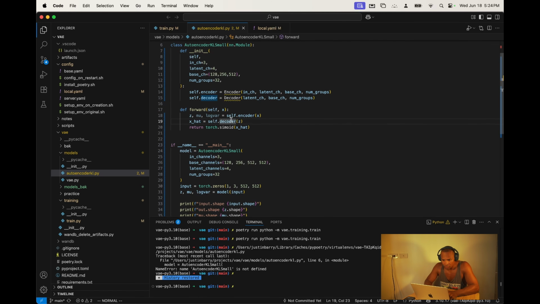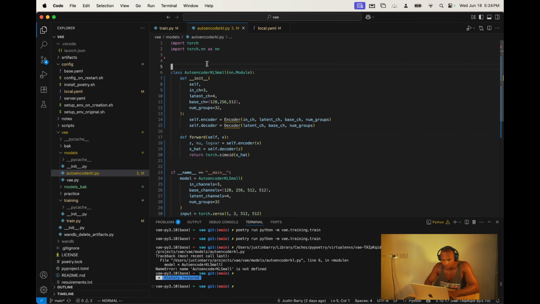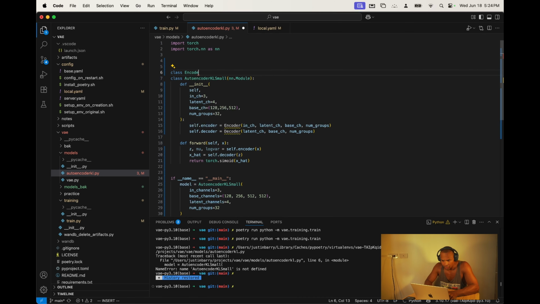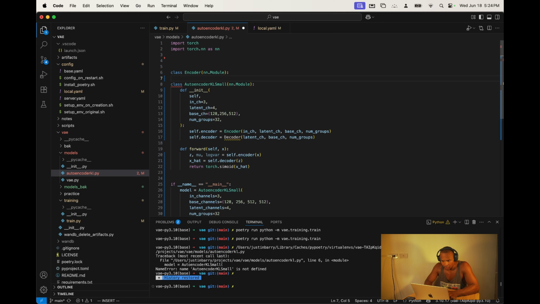Let's code pass-throughs for the encoder and the decoder, just so we can get our code running.